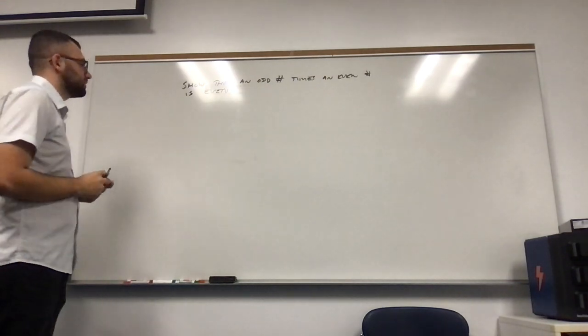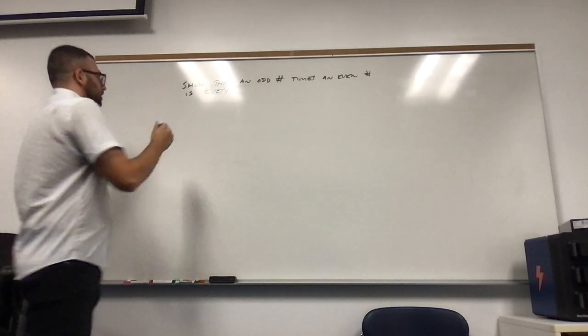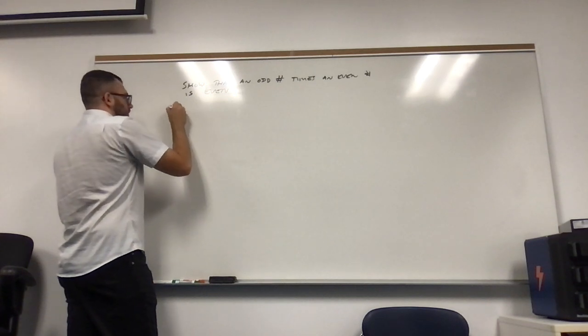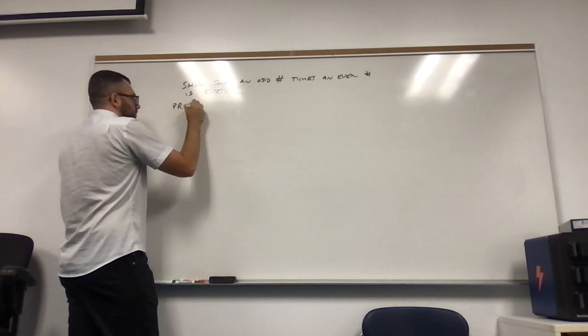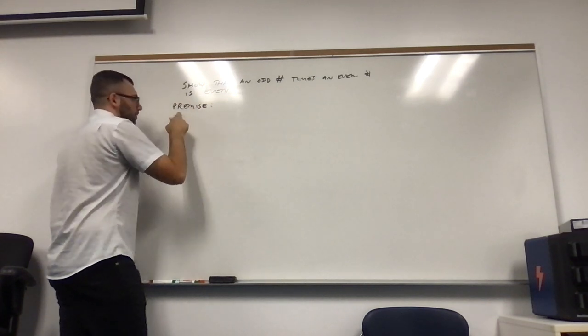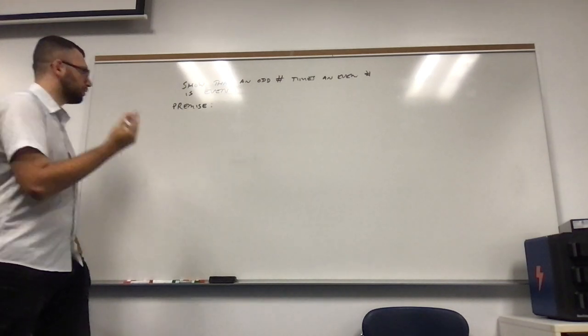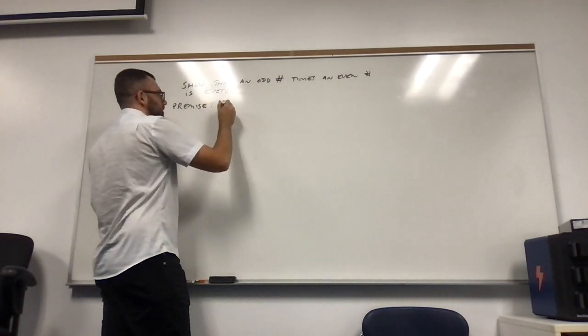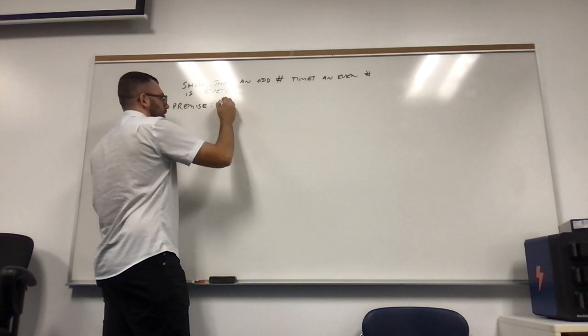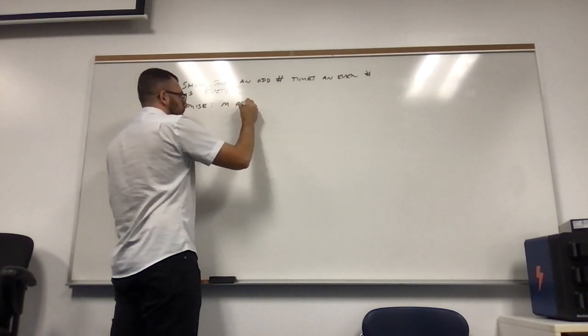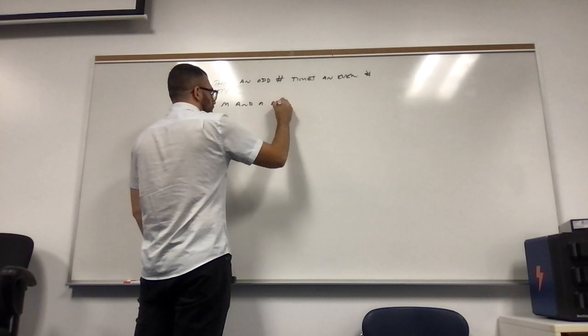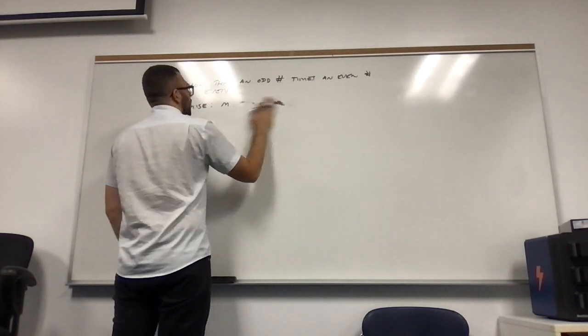Okay, let's do it. So, first thing I should write, premise. Remember, you literally get marks for writing this on a quiz or on a test. Premise. The premise is that M and N, we're doing odd and even.